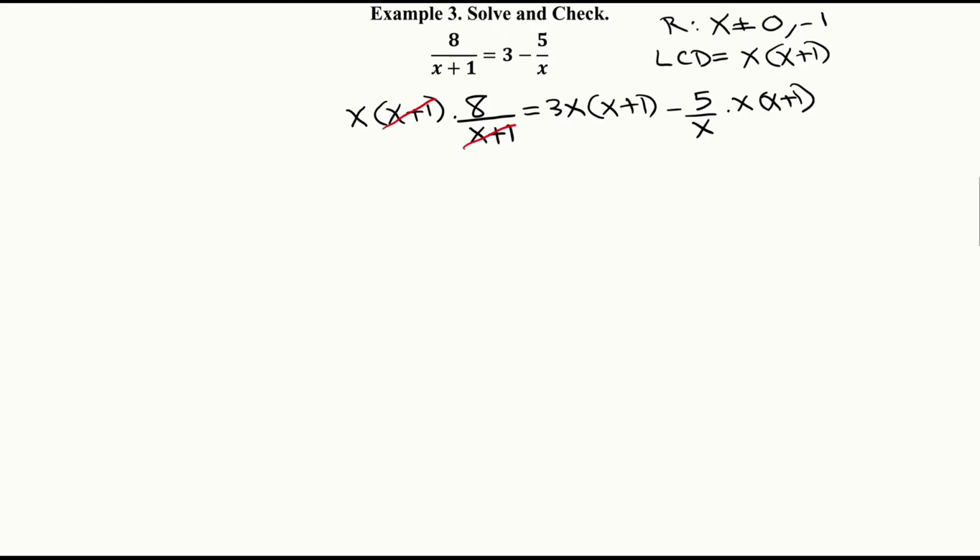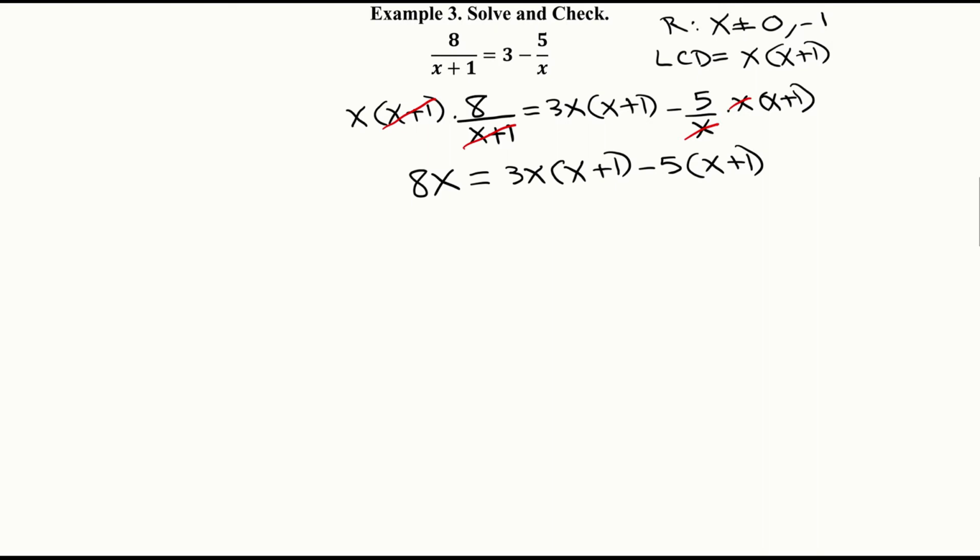Notice that we can cancel those there, and on this side we can cancel the x's. So now we'll carefully write down what's left without distributing at this point. So we have 8x equals 3x times x plus 1 minus 5 times x plus 1.